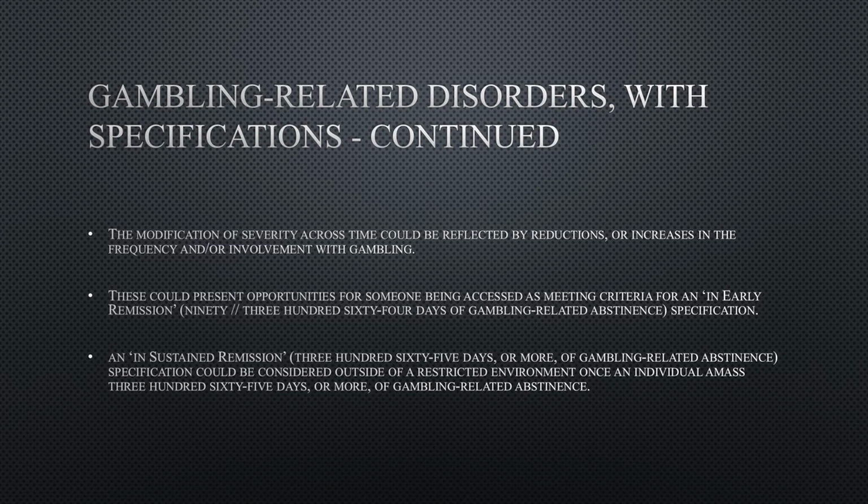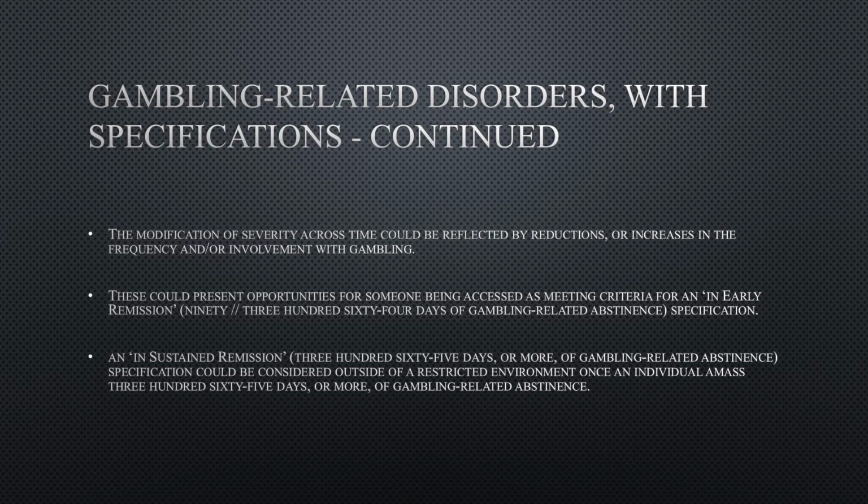Once an individual has amassed 365 days or more of gambling-related abstinence, we're talking about specifications changing from severe to mild, or perhaps even going from mild to moderate to severe, and that's something that could happen as well.